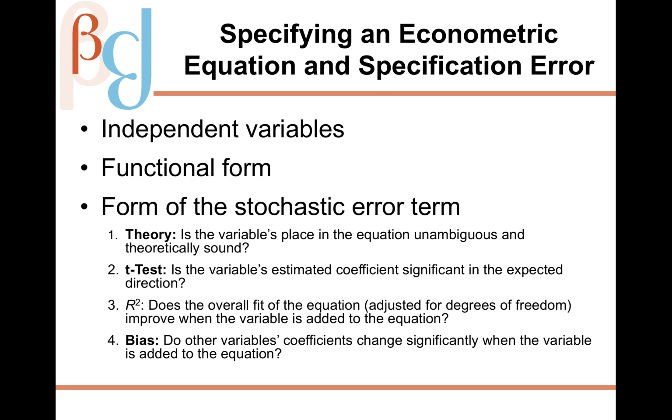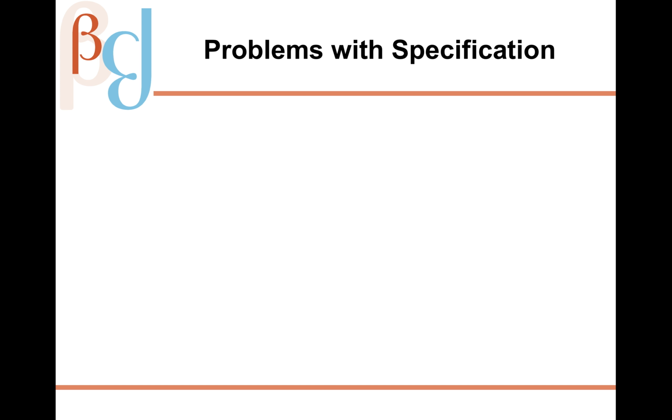And finally, we're going to see what could happen if we actually encounter some bias. That is, if we don't add a variable that should have been in the model, or if we add a variable that shouldn't have been in the model. That's what we call problems with a specification. In this chapter, we're going to be looking at 2.